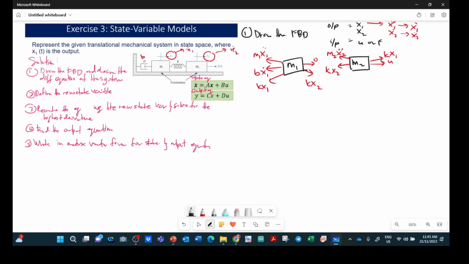So write out the equation for M1. So M1 x1 double dot plus Bx1 dot plus Kx1 equal to Kx2. Okay.